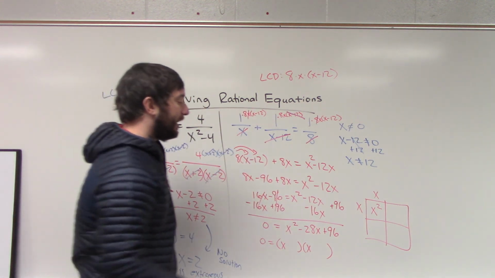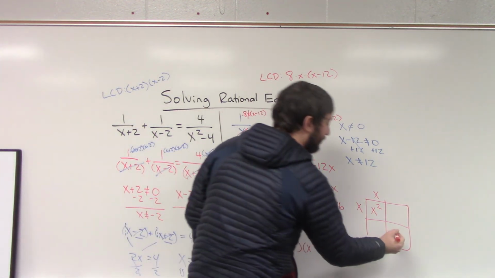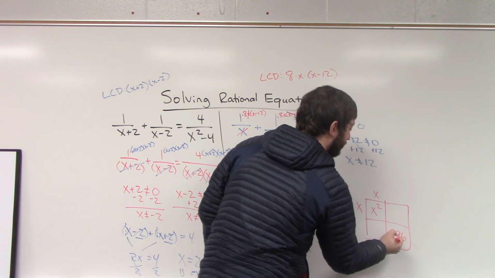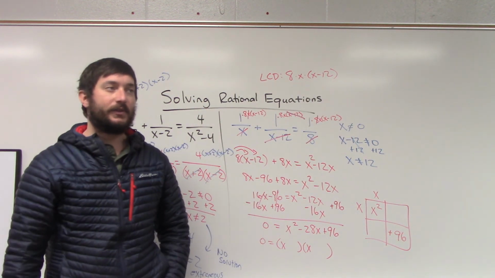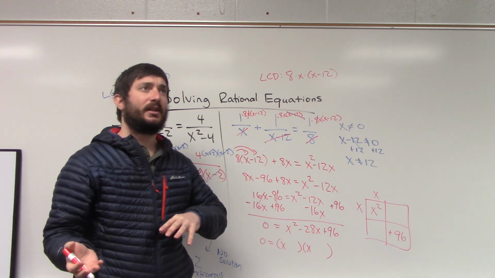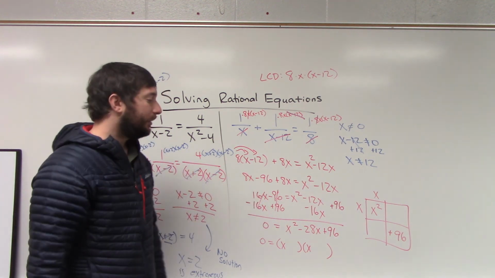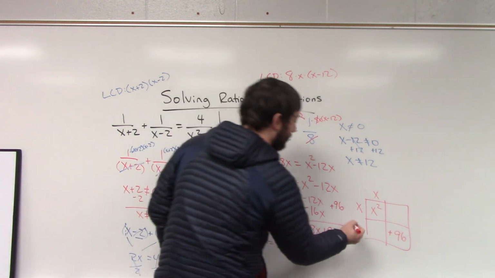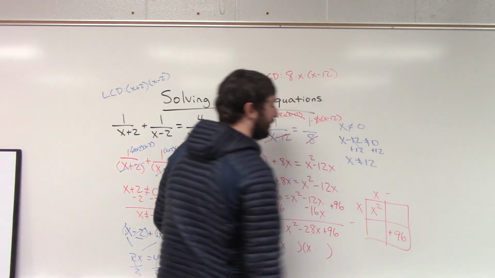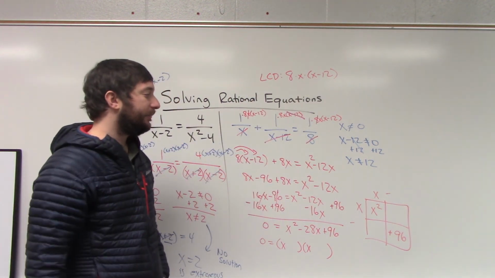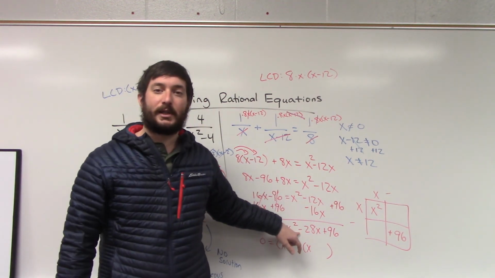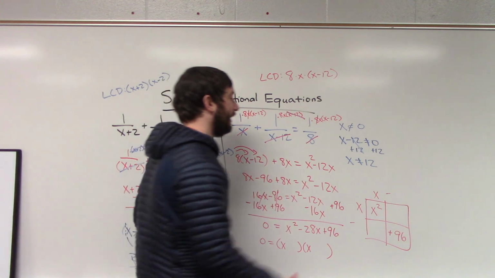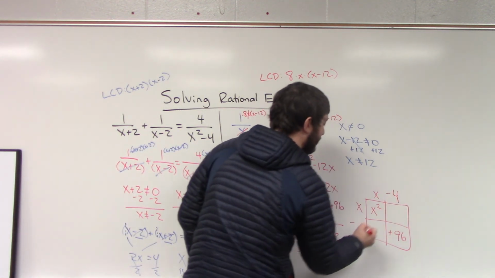Think about what times what equals positive 96, but also adds to give negative 28. If you think about what times what is a positive, but adds to give a negative, clearly we have to be multiplying by negative numbers. A negative times a negative is a positive, but if we combine negatives, we'll get negative 28 somehow, and that would be by multiplying negative 4 times negative 24.